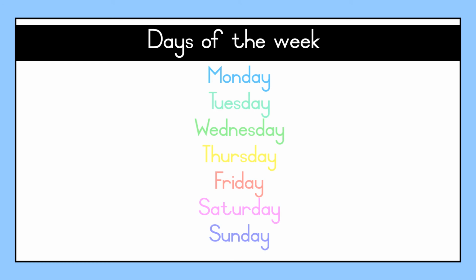How many days of the week are there? 1, Monday, 2, Tuesday, 3, Wednesday, 4, Thursday, 5, Friday, 6, Saturday, and 7, Sunday. That means there are 7 days in a week.